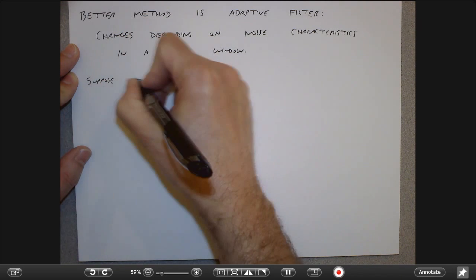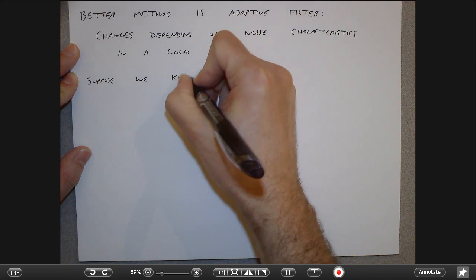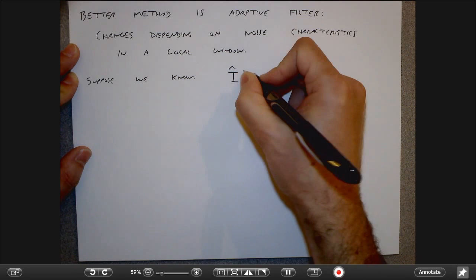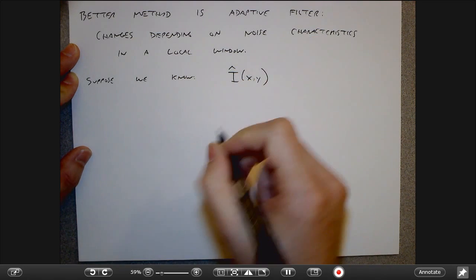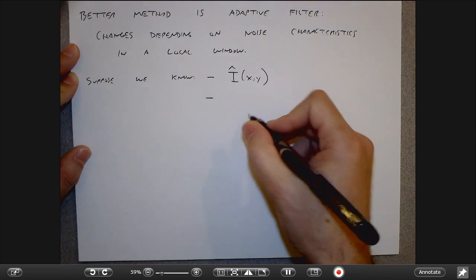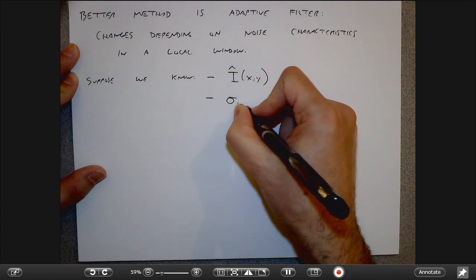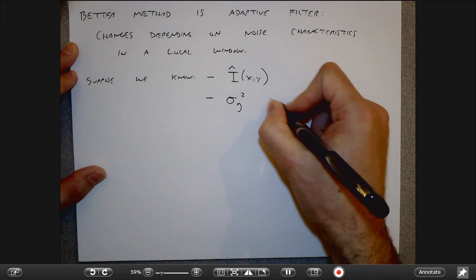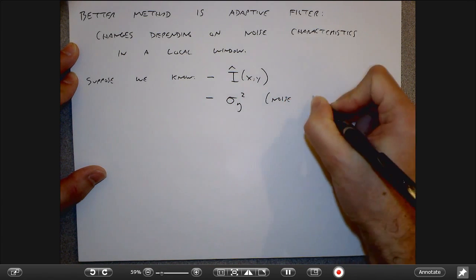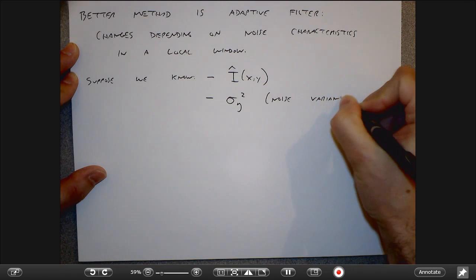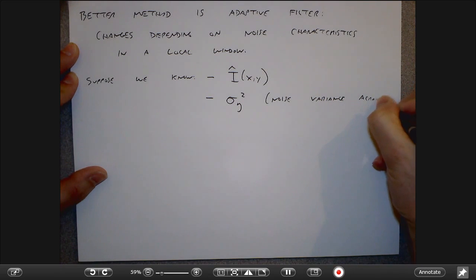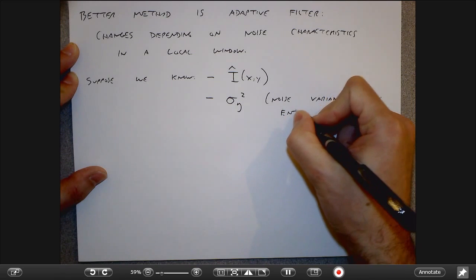So what do I mean by that? Well, let's suppose we know the corrupted image. Let's suppose that we know the noise variance across the entire image.